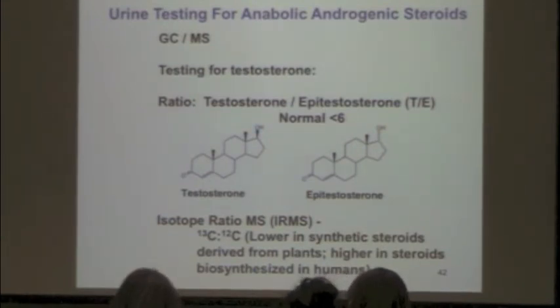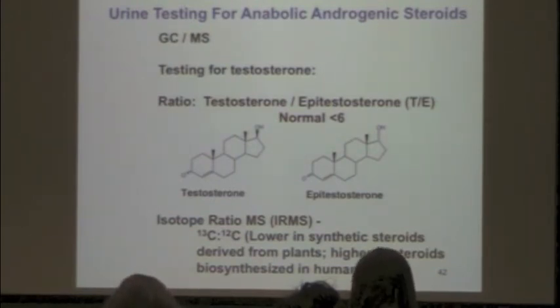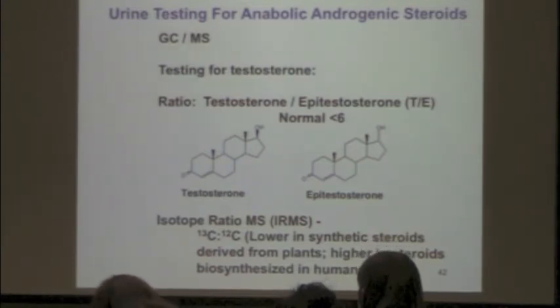And those steroids that have an origin ultimately in plants have a different C13 to C12 ratio. Whereas when you make your own testosterone, there's a specified ratio because it all comes from, starting with acetate in the human.